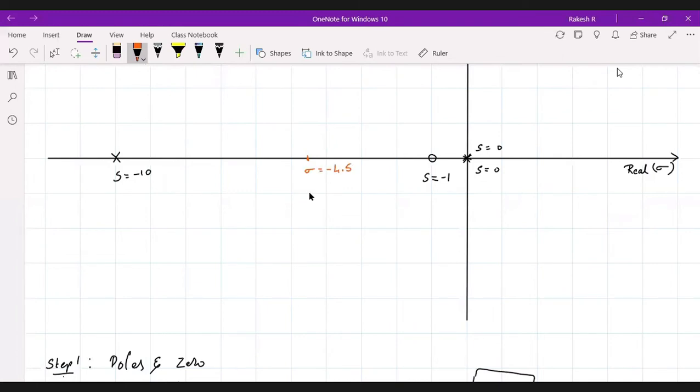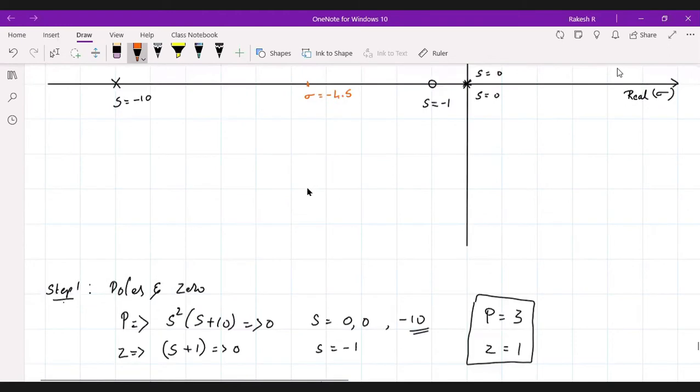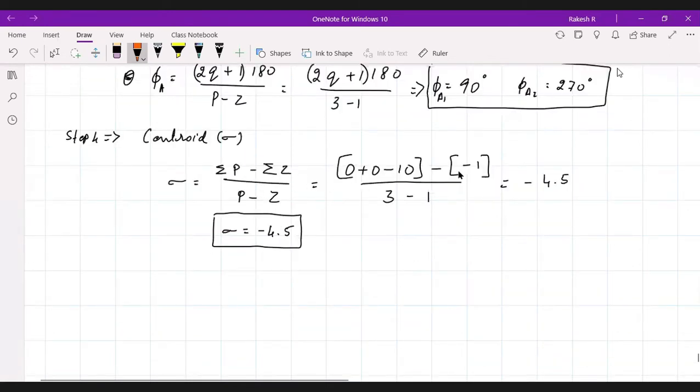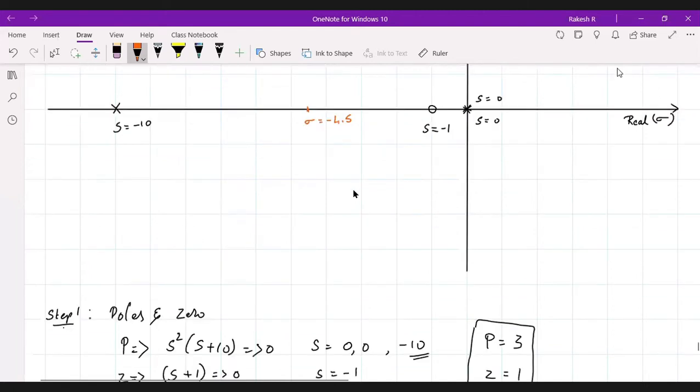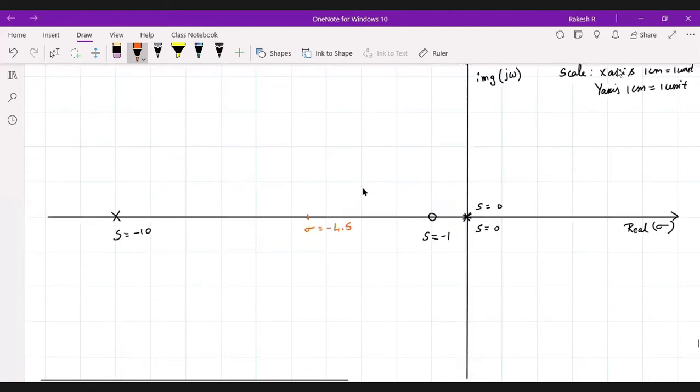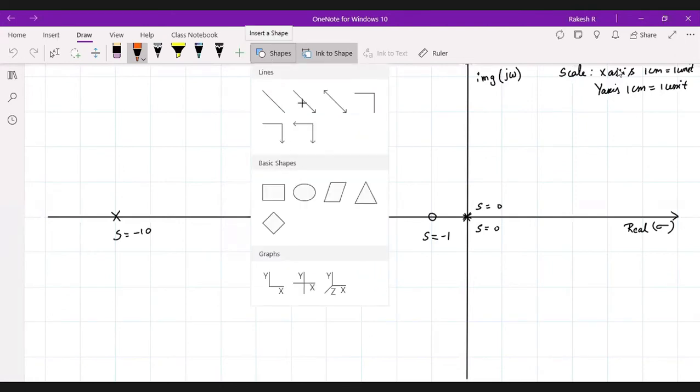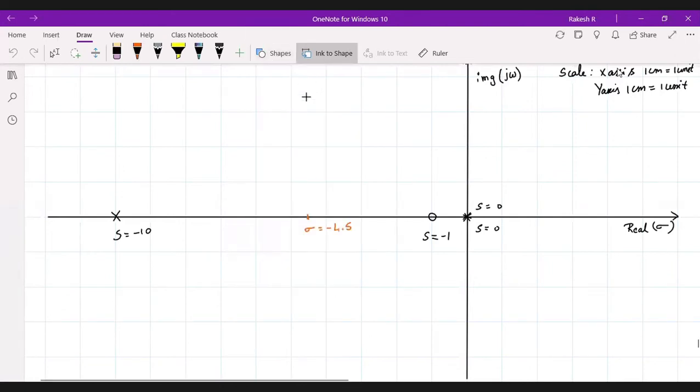We got the centroid value, and then what we need to do is plot the angles of asymptote here. The angles of asymptote are one is 90 degrees, another is 270 degrees. For these angles of asymptote, I need to draw a straight line here.